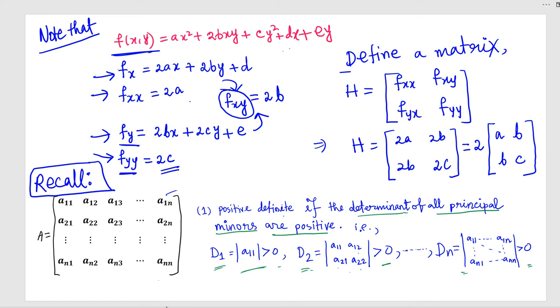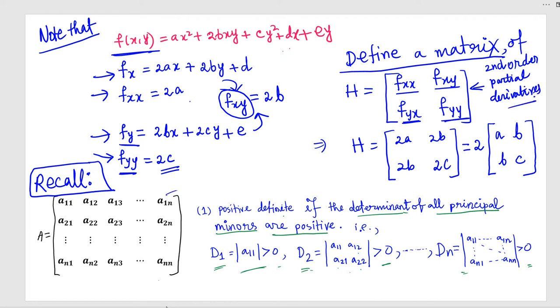Now, if you define a matrix whose entries are the second order partial derivatives, a matrix of second order partial derivatives, then we can see it is of this form.